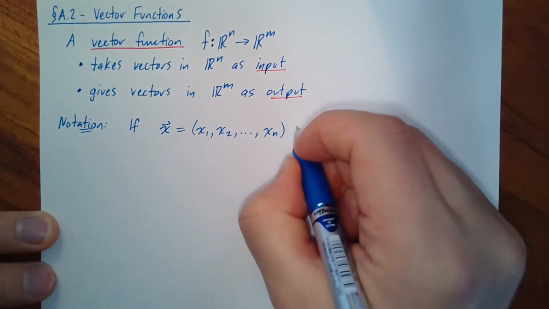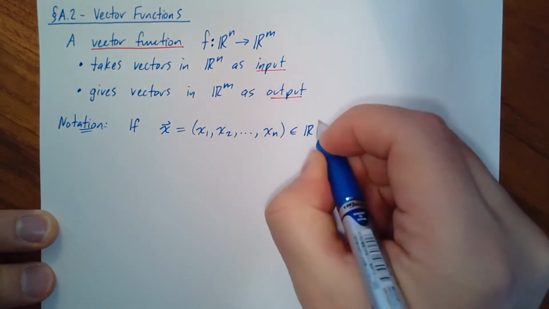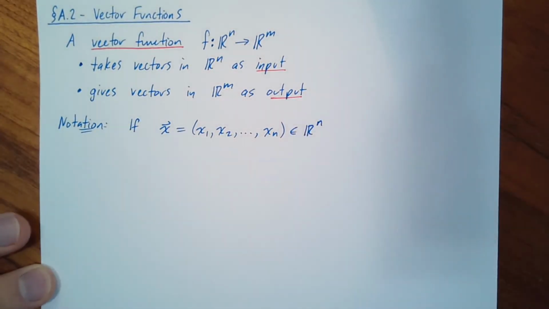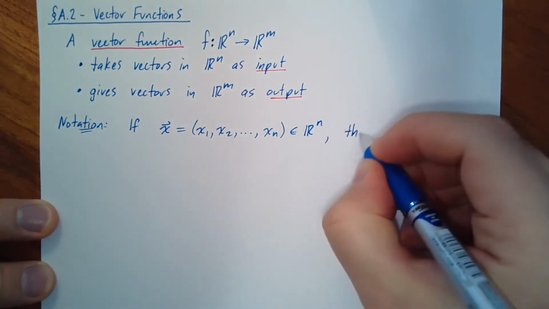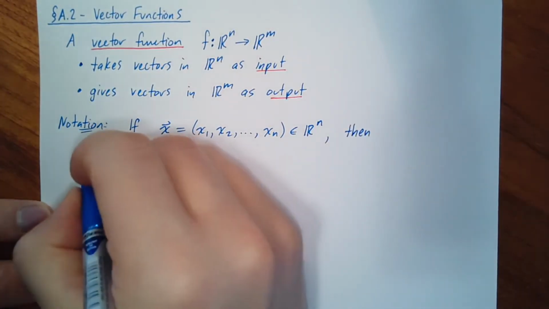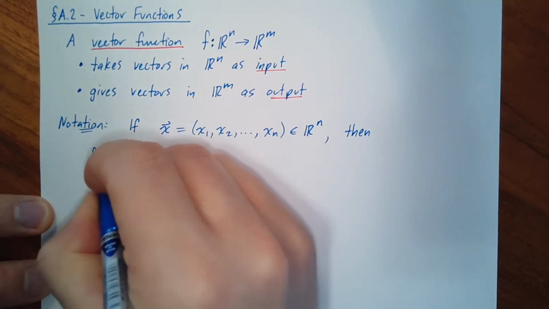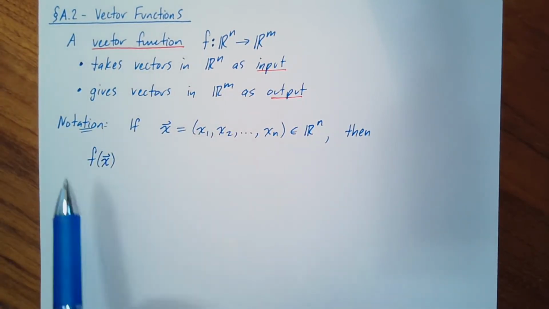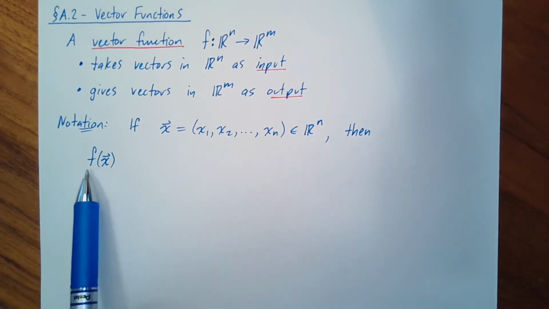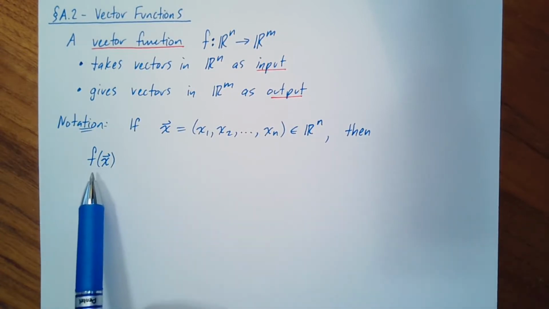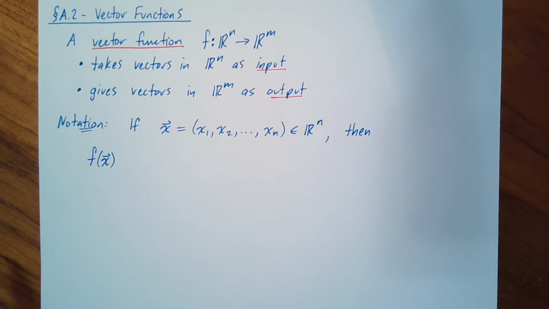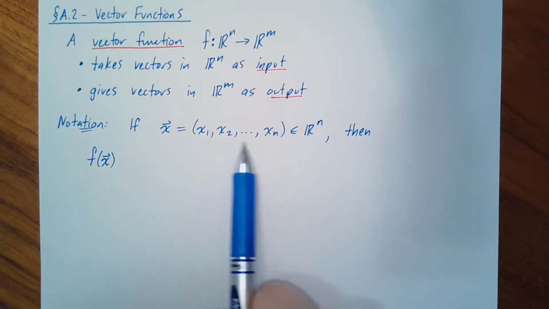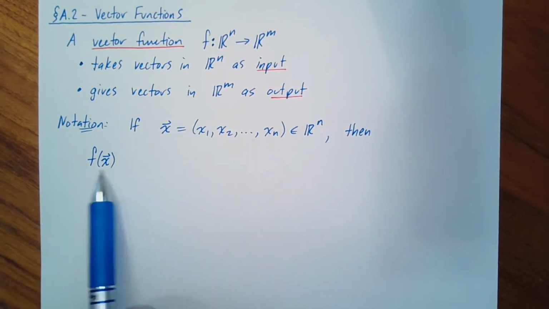So if that's some vector in Rn, then we'll do the following. If I write f and then I put the vector x in brackets afterwards, that's just saying f of the vector x. So what this really represents, this is the output from the vector function f when I plug in this vector. Okay, that's what this notation means.